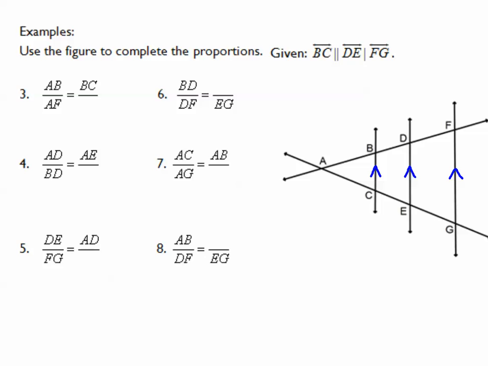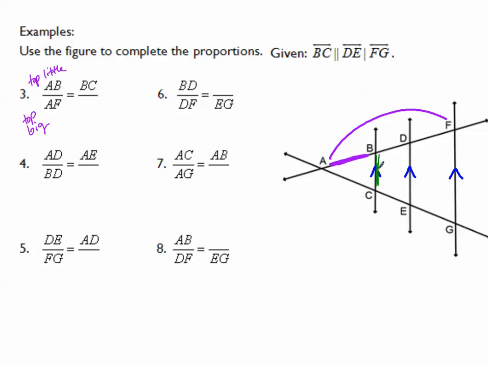Let's talk through these. AB over AF. Here's AB, here's AF. So it went little piece, but both are on the top. So this is a top, but this is the little piece. This is the top, but this is the big whole way across. What does it show us over here? BC.